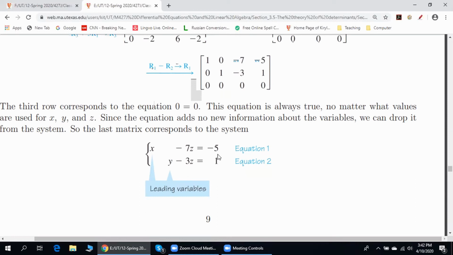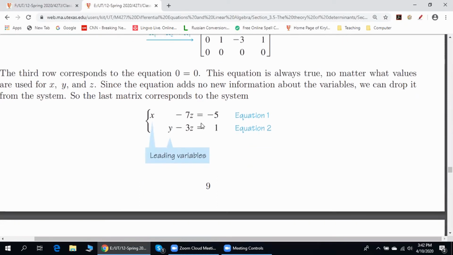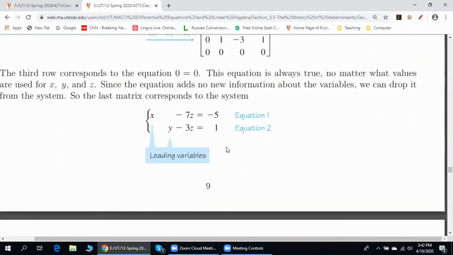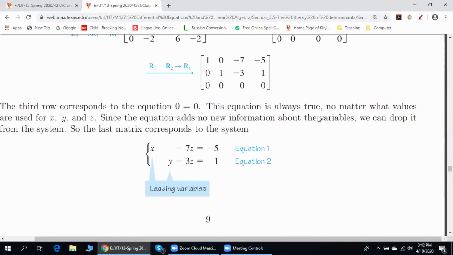Moreover, note that once we come up with this system, then we move the z terms to the right. And the question was, why do we move z terms to the right, not x, not y? Here is the rule. We move to the right only free variables, and we leave on the left only basic variables.